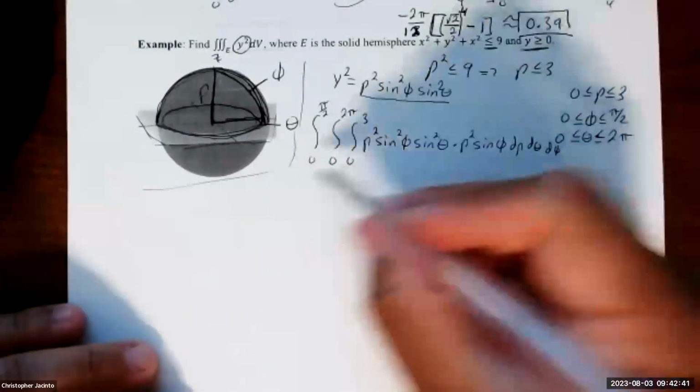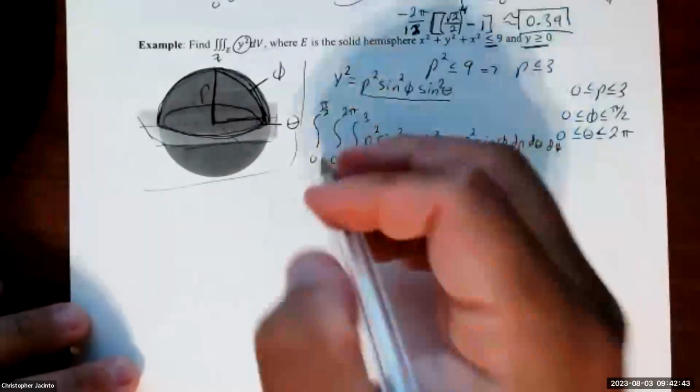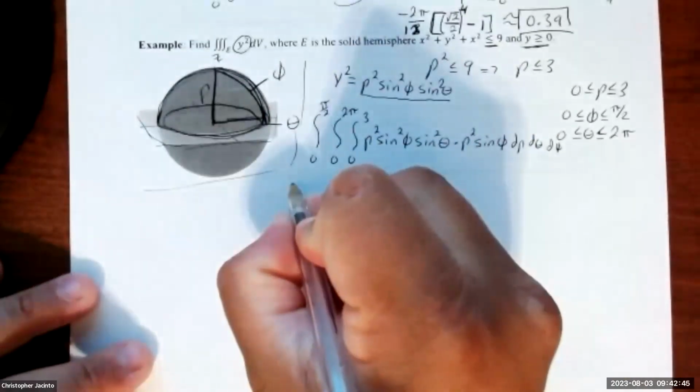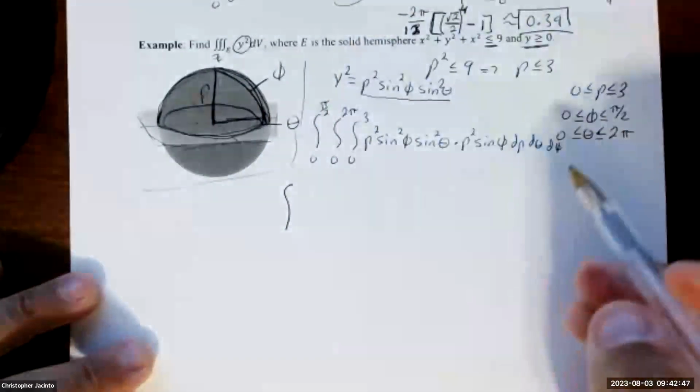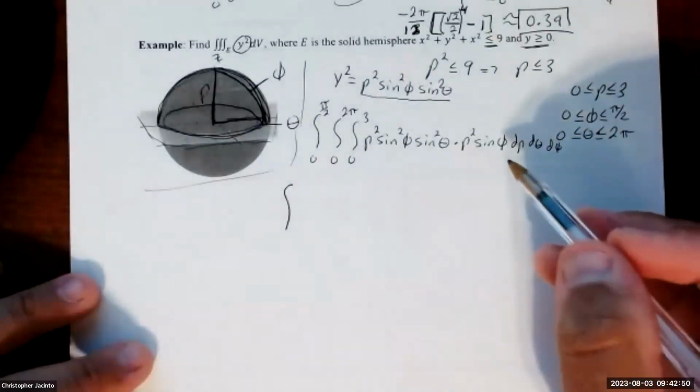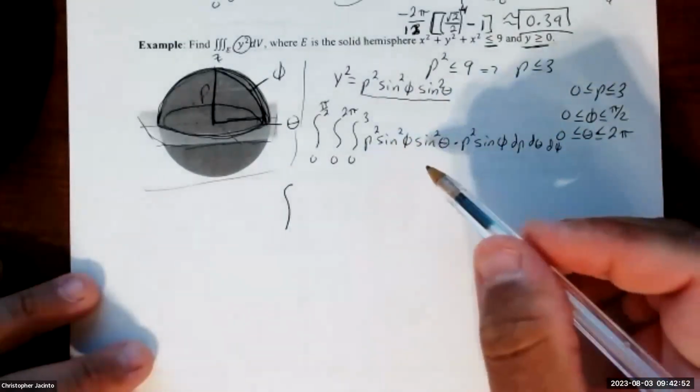Putting everything together gives us approximately this. And this time I am going to split it up because it just looks horrible to begin with. So we'll just do the easy one first.